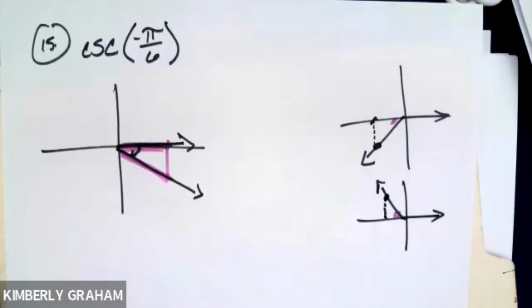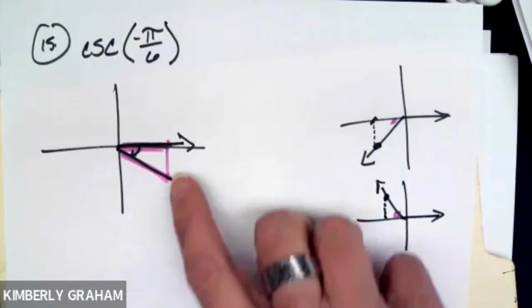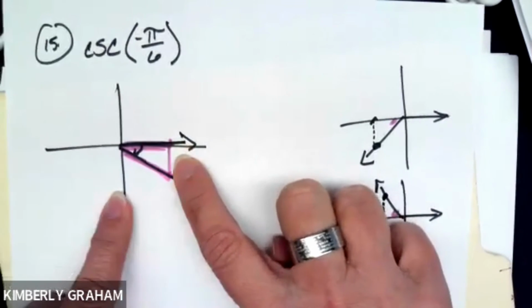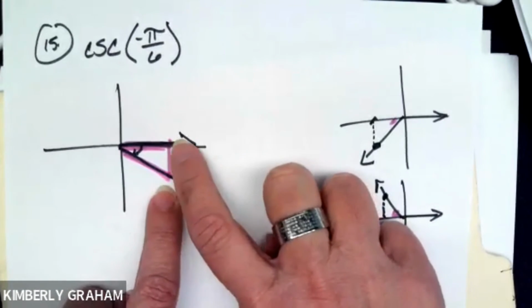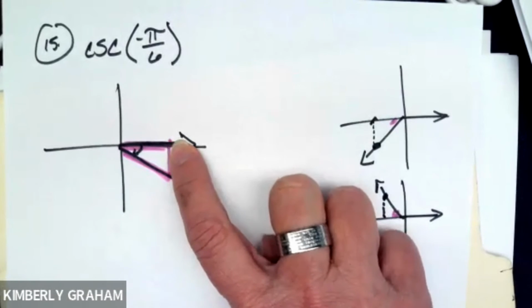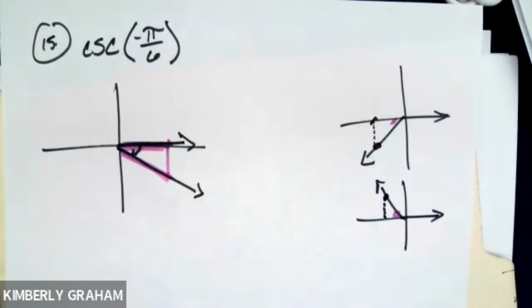And for a sine value, it's either going to be equal to the y coordinate or the opposite of the y coordinate. But either way, when you're making your reference angle, be sure that you're going up to the x-axis. You're not going over here to the y-axis. You're going to the x-axis. Okay.